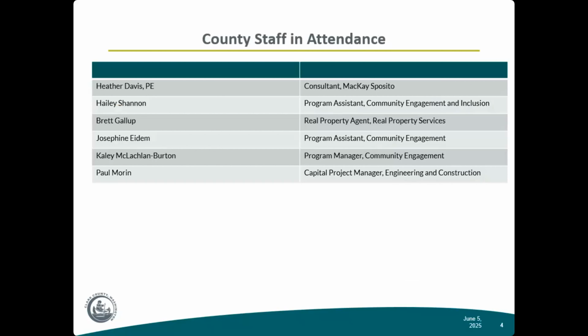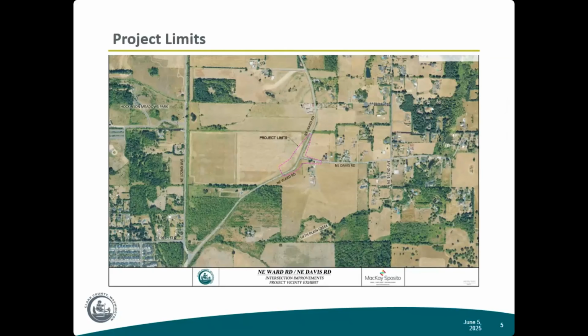Next slide. This is the general overview of the project area. It's also available on the exhibits in the back corner there. Obviously, it's the Northeast Ward Road, Northeast Davis Road intersection. The pink lines that you see there are the overall APE, Area of Potential Effect.